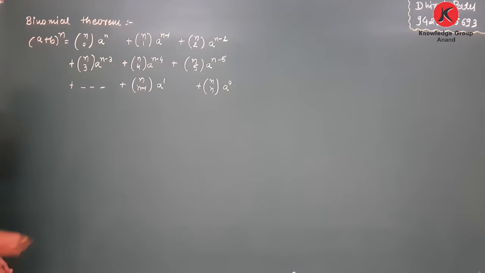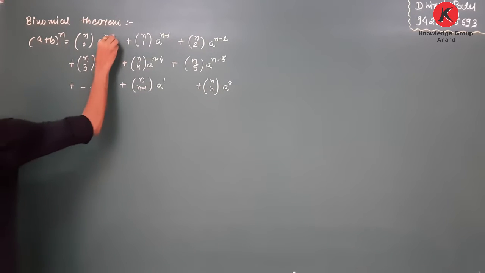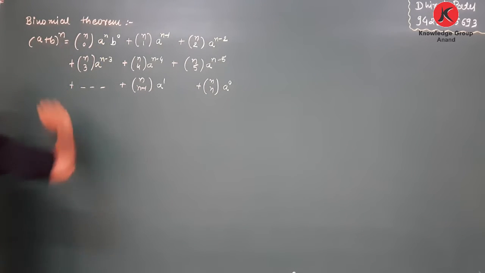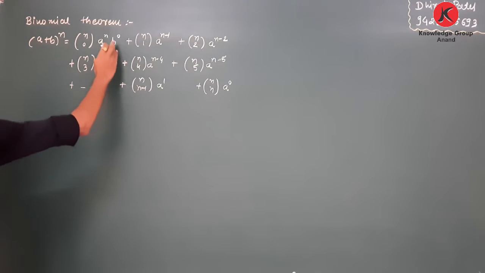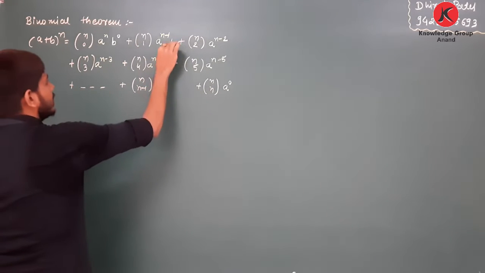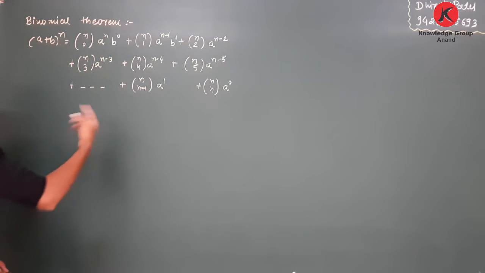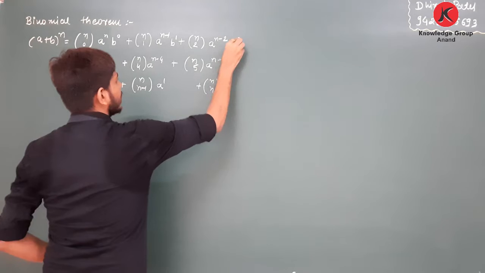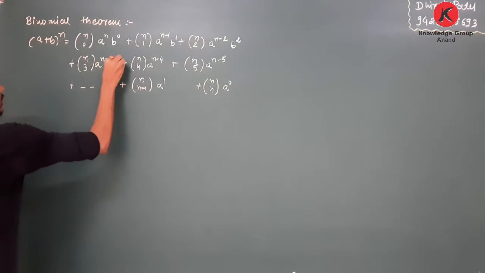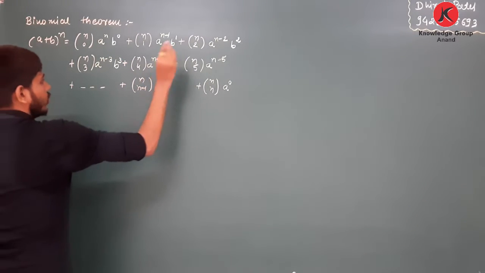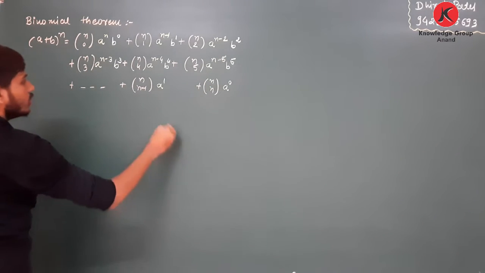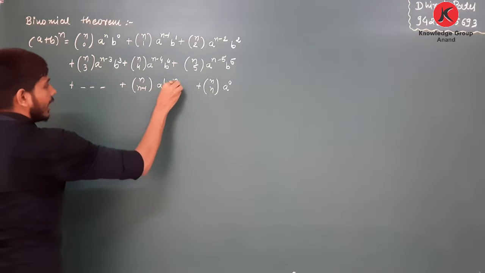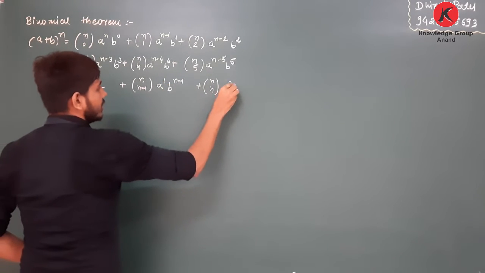Okay? Next, we also know the power of b is going to be increasing from 0 to n. B raised to 0, b raised to 1, b raised to 2, b raised to 3, b raised to 4, b raised to 5, b raised to 6, b raised to 7, up to b raised to n minus 1 and b raised to n.